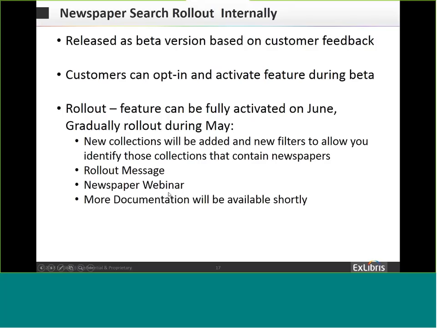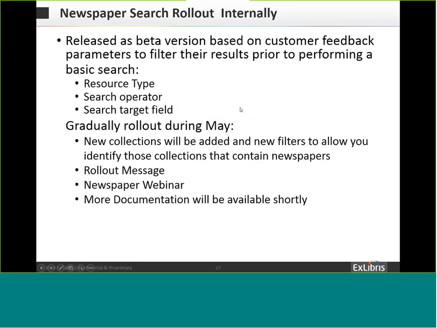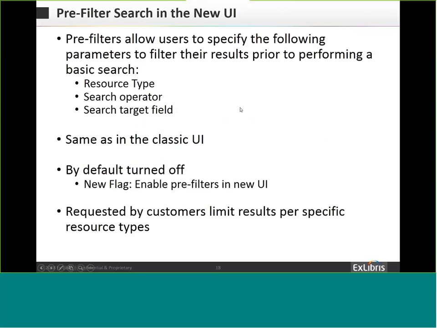So it's been released in May, but in order to fully play with it and see how it's working, we encourage you to wait until June to activate it. Okay, so this was regarding the newspaper.